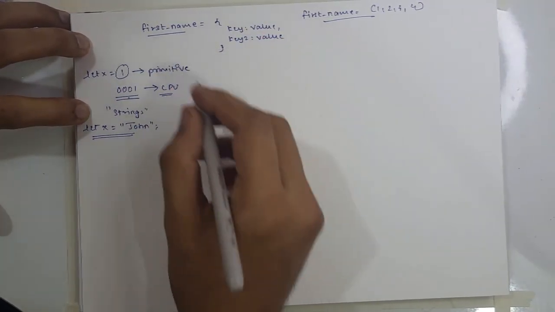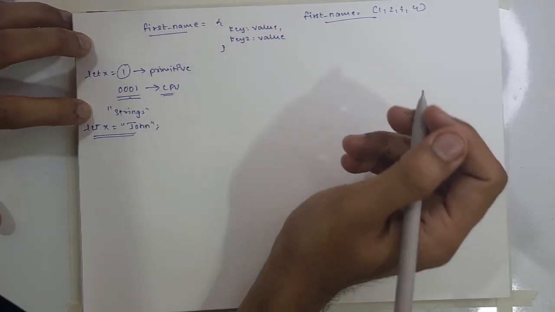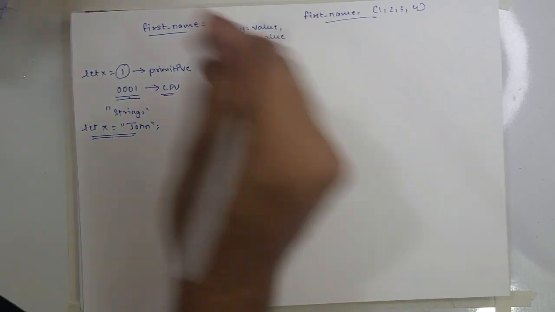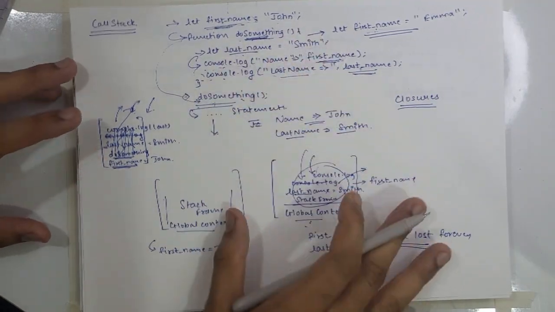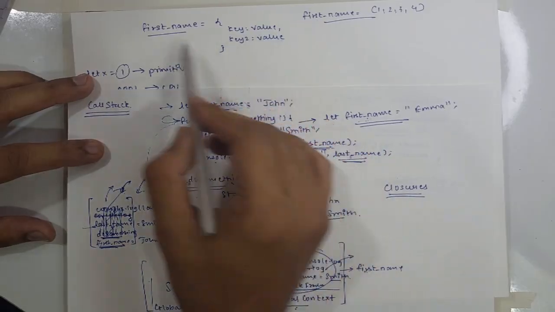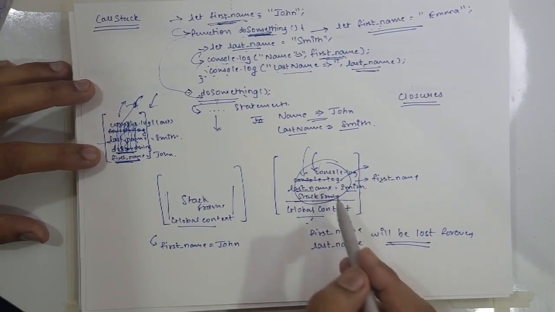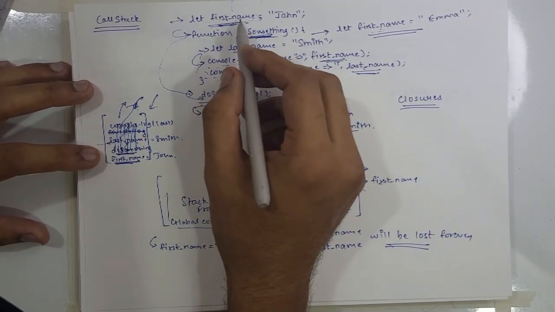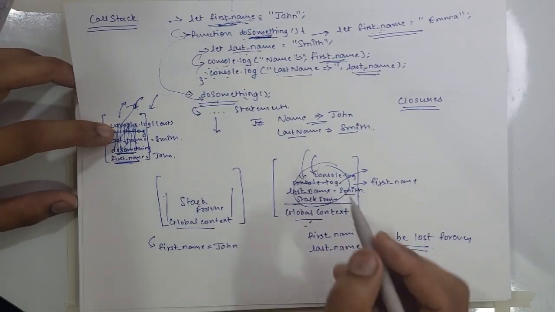So if first_name was this, and if I just show you the previous page, if first_name was indeed a complex data structure, then what would have happened in the stack in that case? That means where would this value first_name have been stored in the stack?